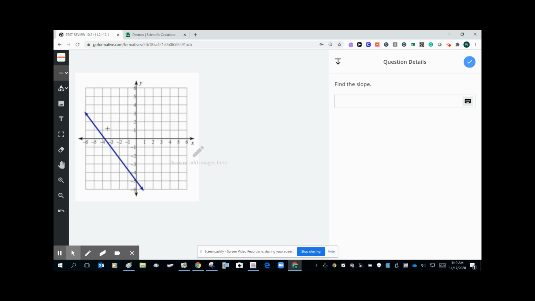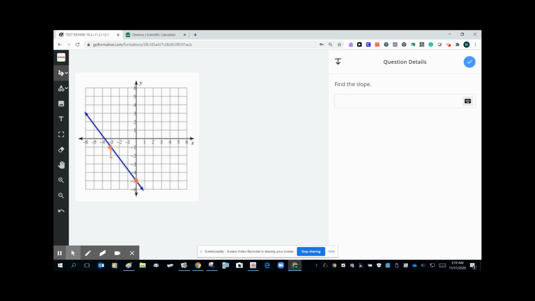Next one is to find the slope using a graph. If you remember, this one we just need to select 2 good points. So here is a good point, and as we follow along, this is a not good point.